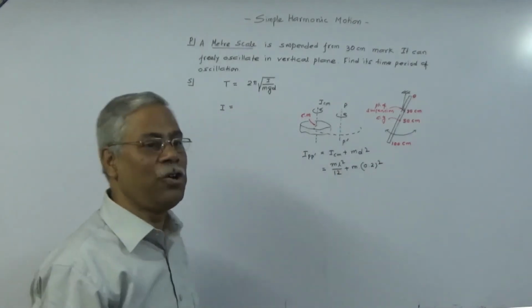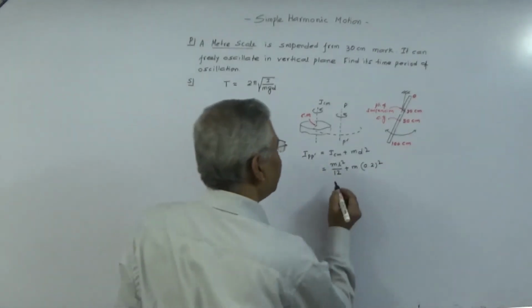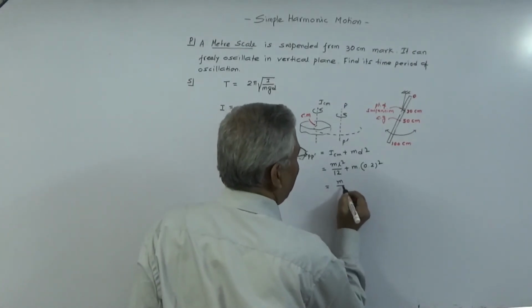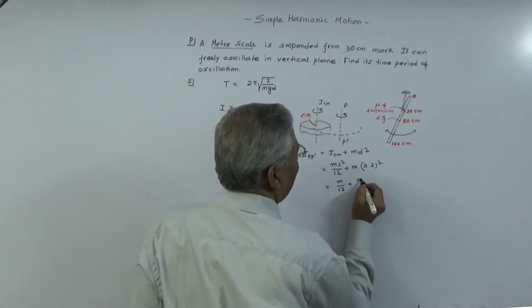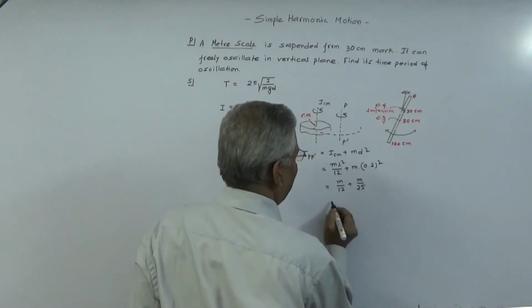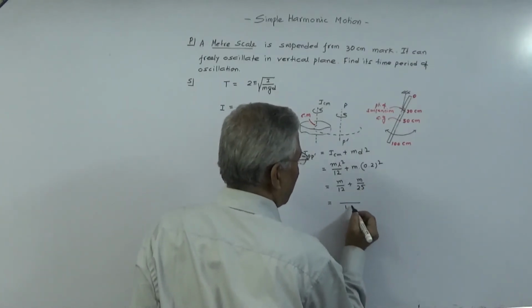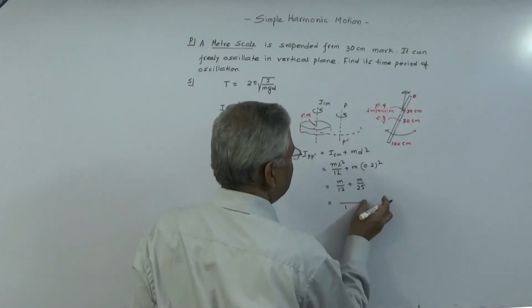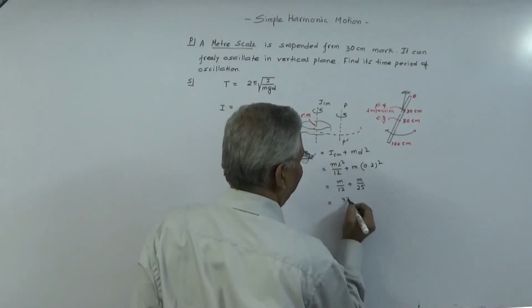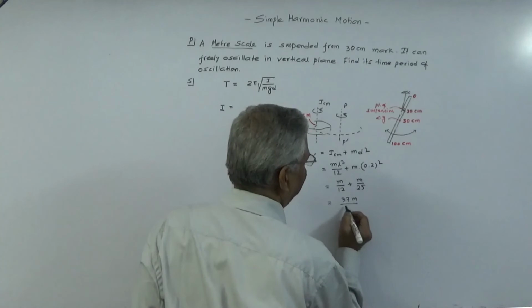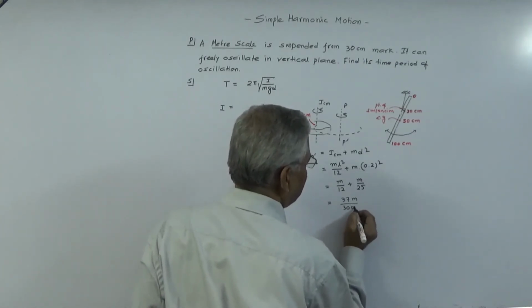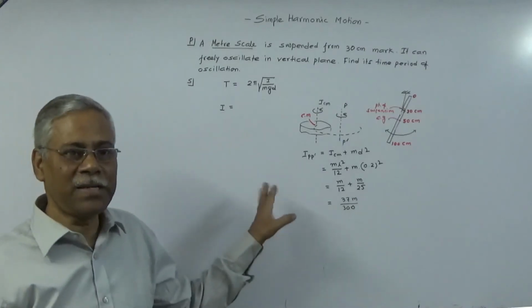And what is the value of L? 1 meter. So m by 12 plus m by 25 equals 37 m by 12 into 25, which means 37 m by 300. This is I PP dash.